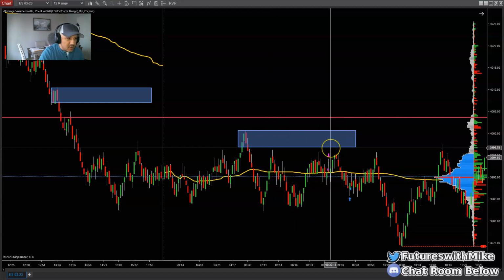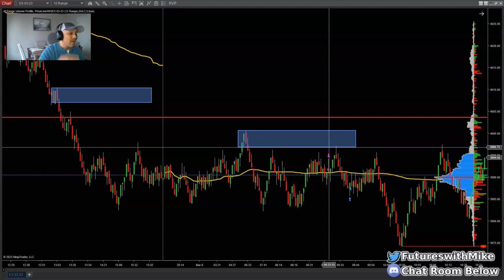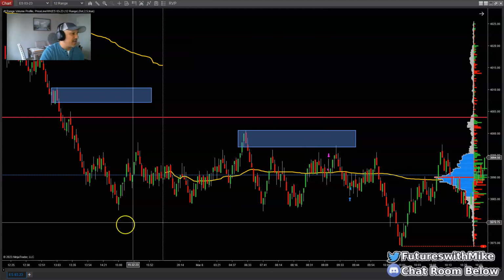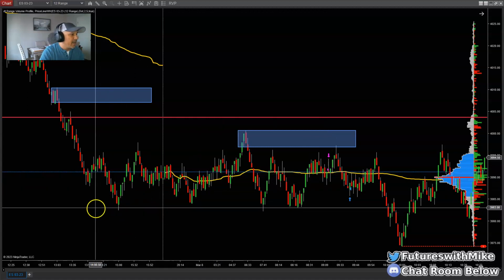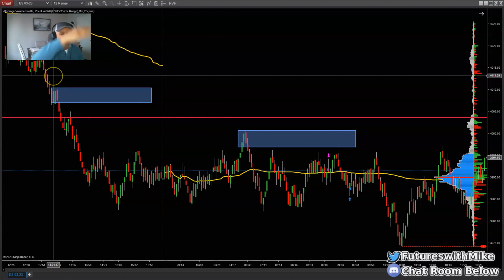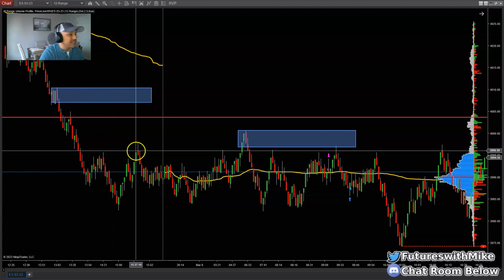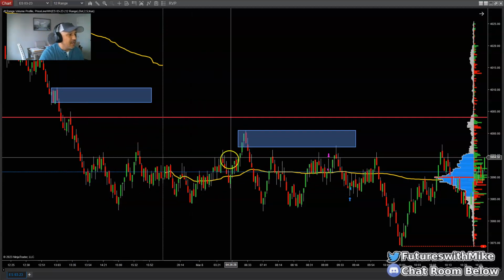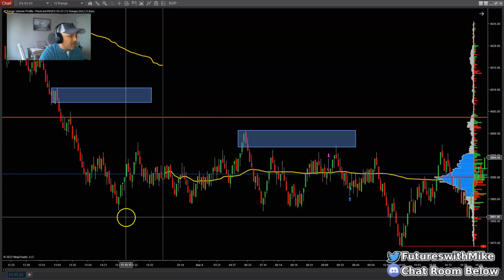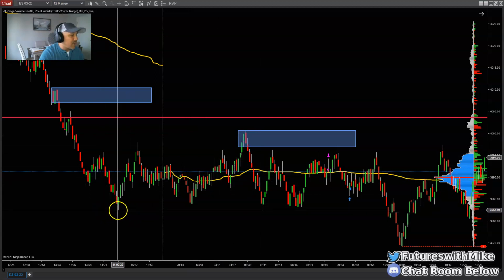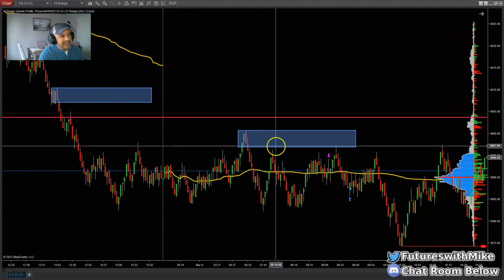But here it is. It taps into the zone, all right? And you may be asking, where's your first target area? Once it taps into a zone and I have a setup like this, where it's taking out resistance, if the trend is to the downside, it's formed a range here, makes a high, takes out the range, clears or swipes liquidity right here, and then I'm looking for the area to get back in, the area of supply in this case.